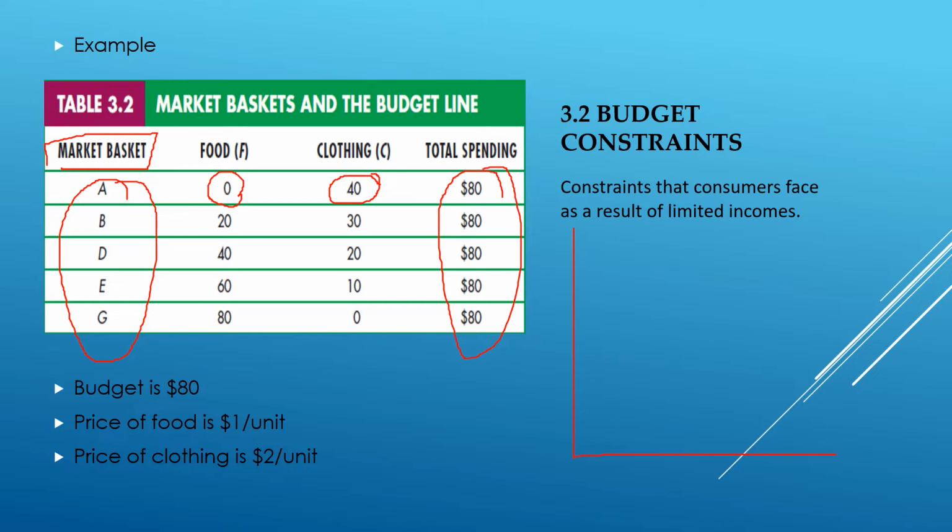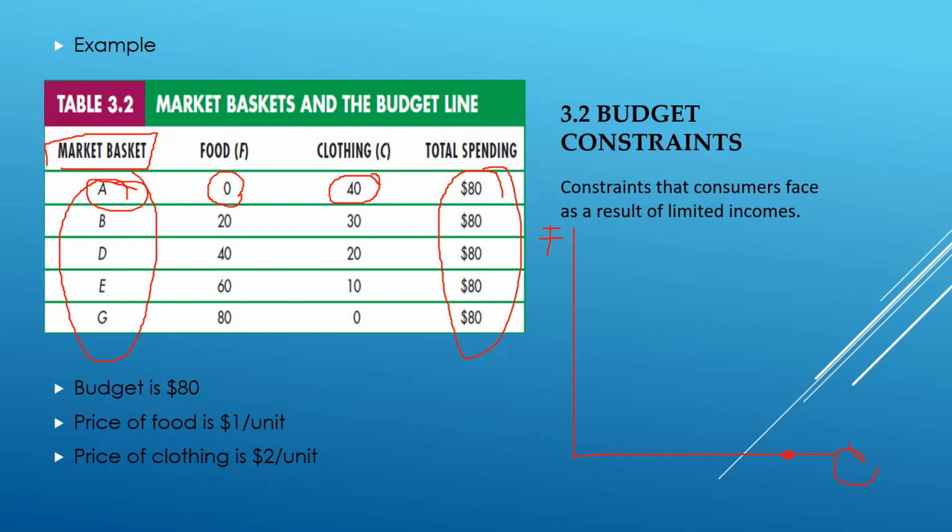To put this in our graph, you represent food here and clothing here. So for market basket A, we buy zero food and zero clothing. Since food is on the y-axis, we are here. How much clothing do we have, for example, at 40? Here would be the 40.